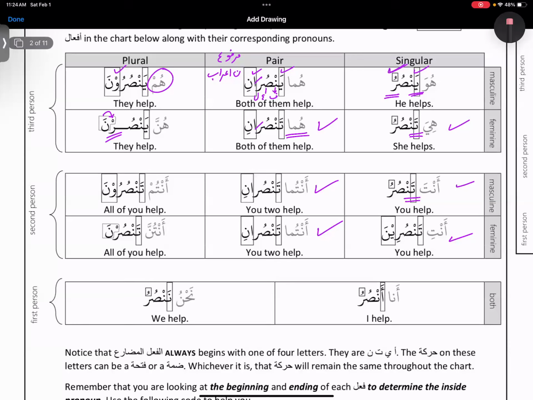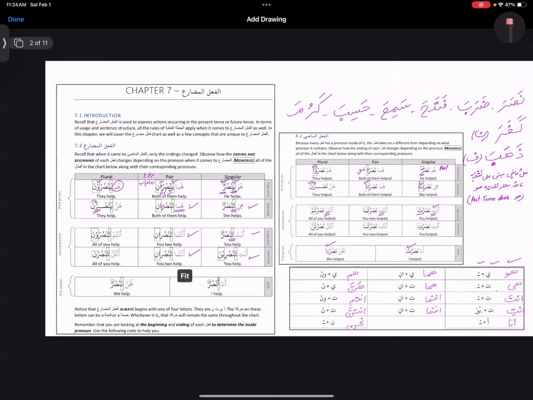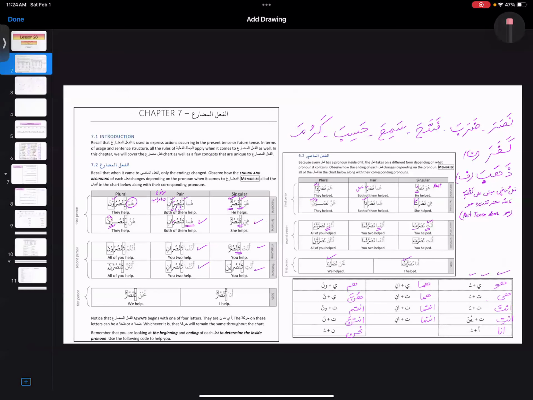And then ana and nahnu are very unique: ana ansuru and nahnu nansuru. So that's all about madi and mudari. And now you guys ask me a question if you have one.